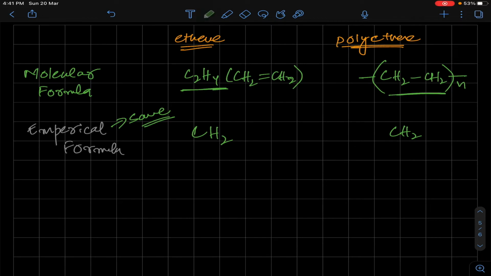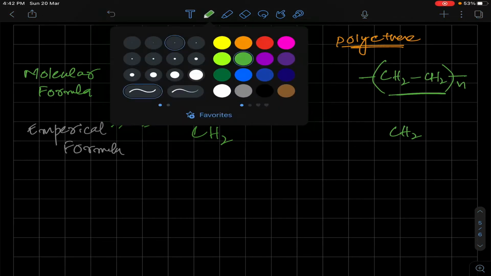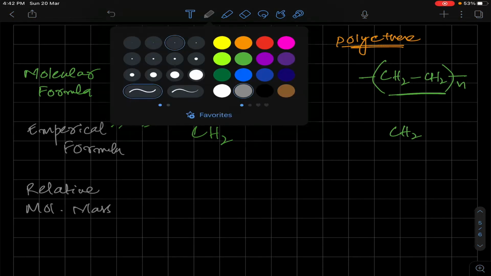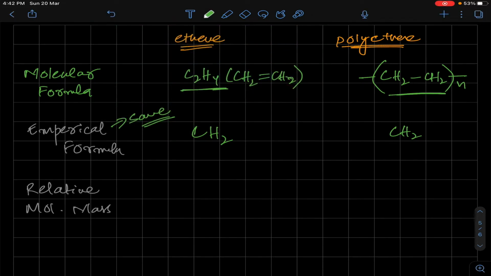And next is the relative molecular mass. If you calculate the relative molecular mass for ethene, that is 12 times 2 plus 4 hydrogen atoms. So this is 28, right?